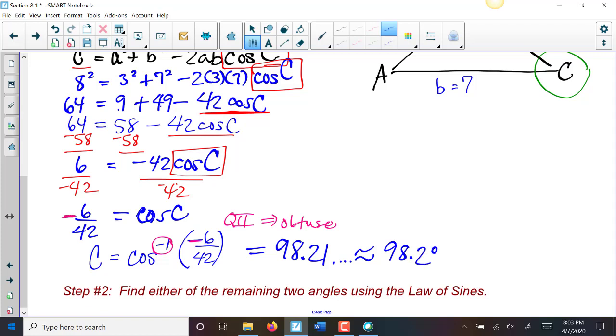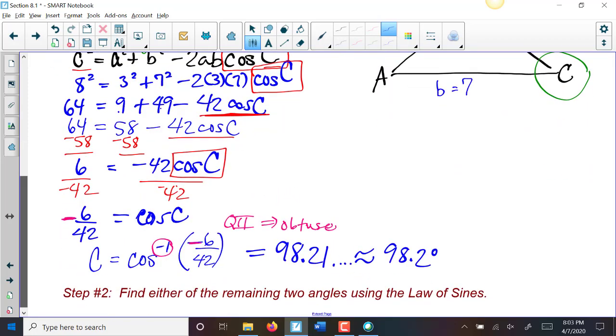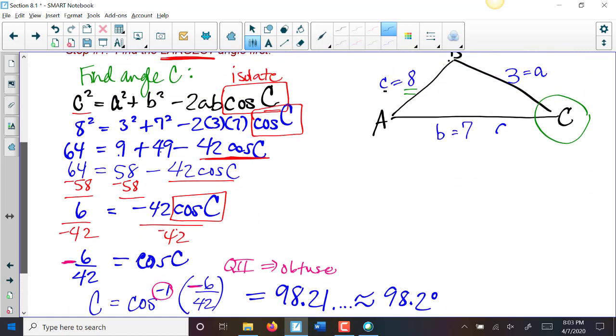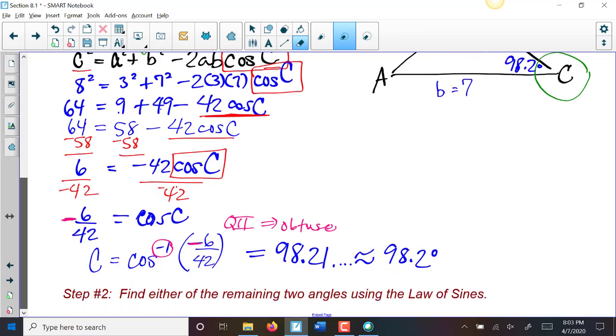Okay, so that is a little tedious, finding that angle. You can then finish solving the triangle. This is angle C, 98.2. It doesn't matter which one you find next.